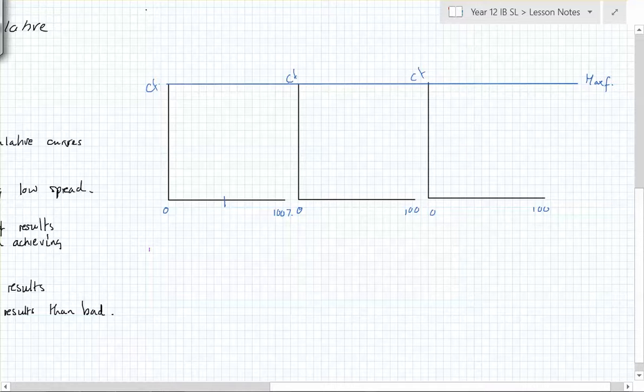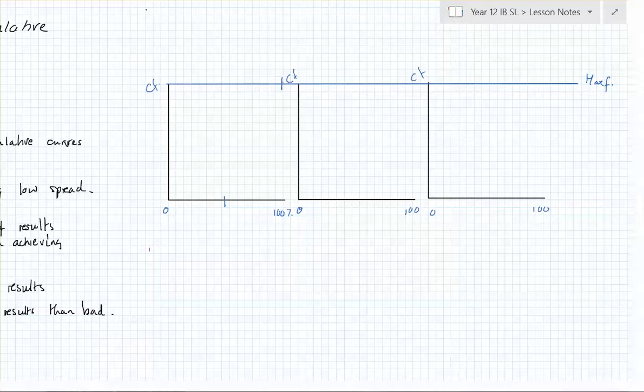Okay? So I reckon if it's a high achieving school, there'll be a lot of people at that top end, yeah? So that means at the lower end there probably isn't that many people. So how do you show not many people on a cumulative frequency curve? No, opposite. It'd be quite flat.